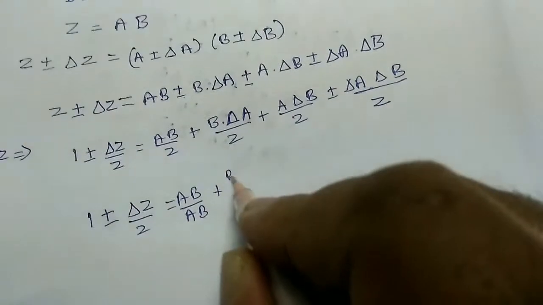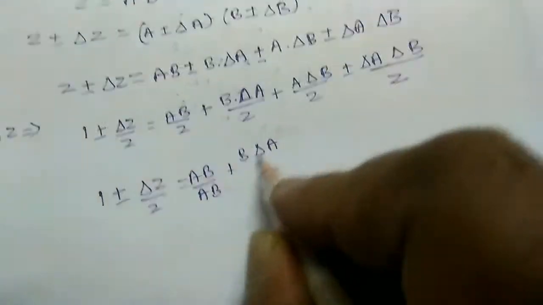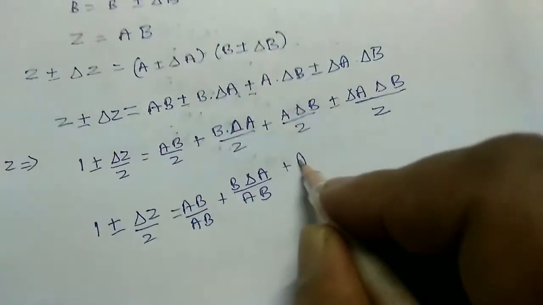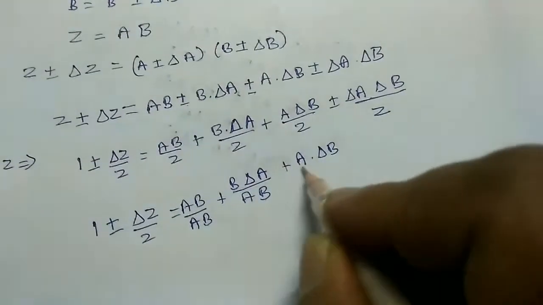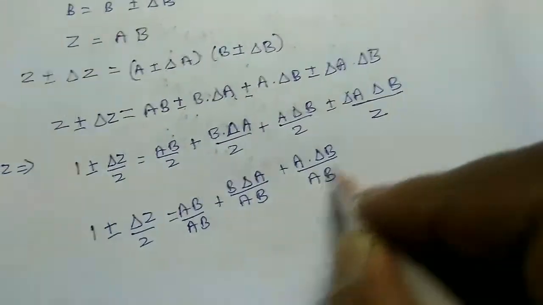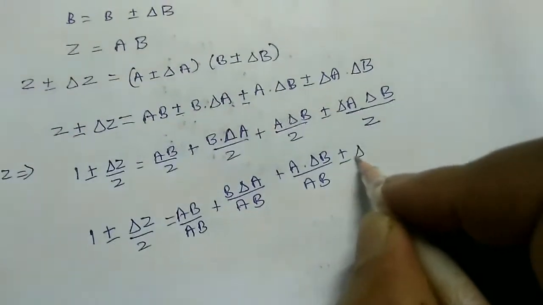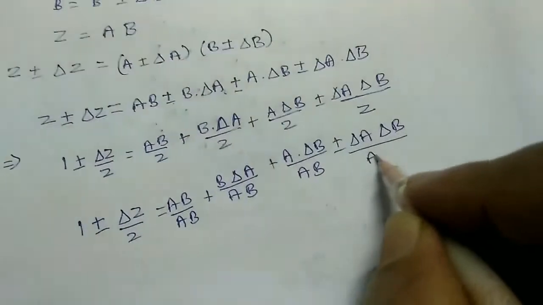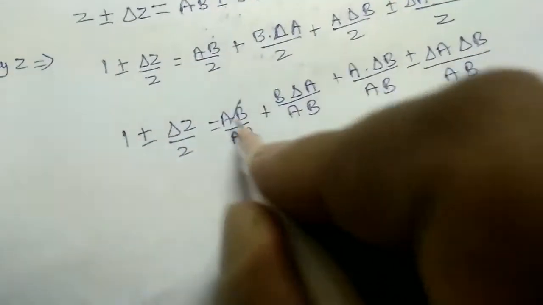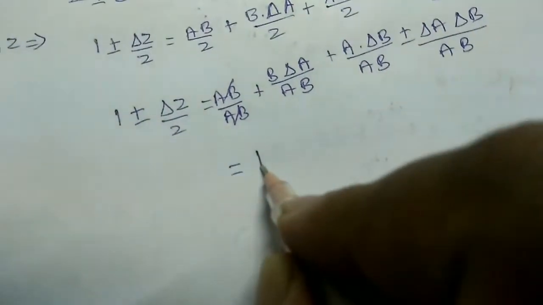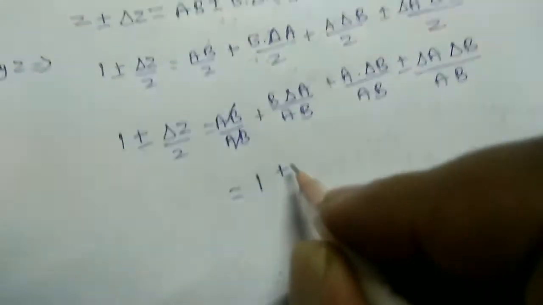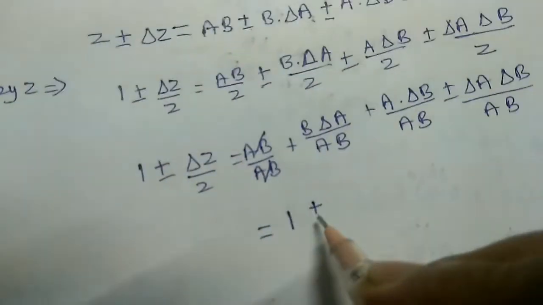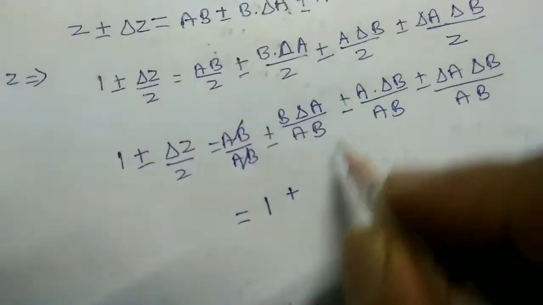For your convenience, I extend one more step for better understanding. Okay, now AB gets cancelled, 1 comes here. Don't forget this plus or minus, you also keep this one.